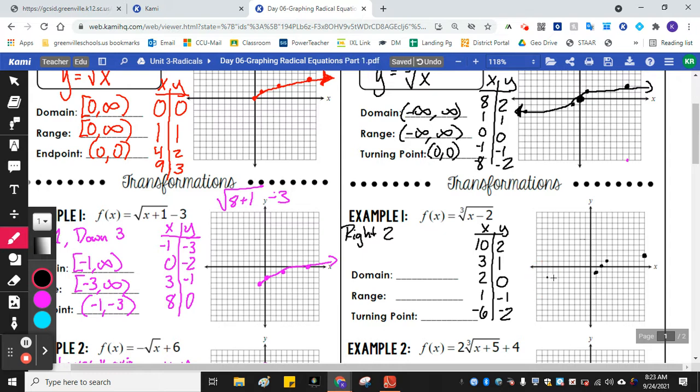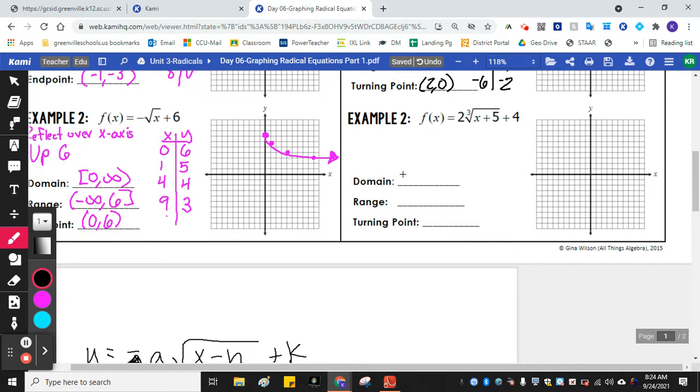All right. 8, 7, 6. There. There we go. Our turning point's that middle. So 2, 0. And the domain and range of cube root is easy. Negative infinity to infinity for both.